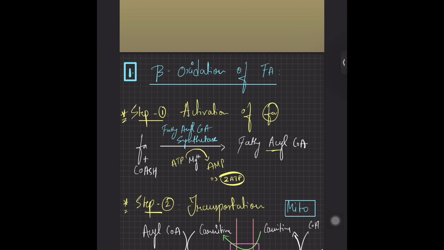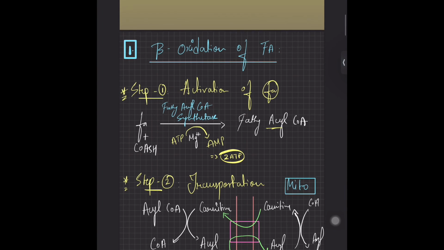As we know, fatty acids can be stored in the form of triacylglycerides for energy. So the energy is released when it undergoes beta oxidation of fatty acids majority of the times. So it is nothing but a sequential removal of two carbon atoms from the carboxyl end of fatty acids.